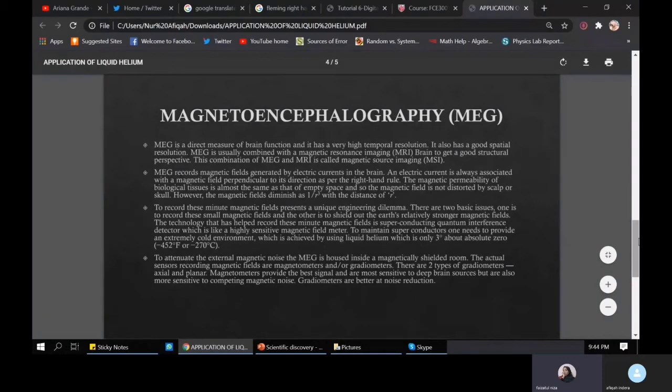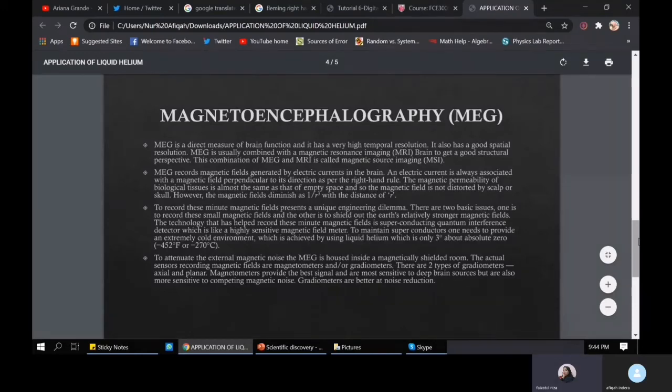This combination of MEG and MRI is called magnetic source imaging, MSI. MEG records magnetic fields generated by electric current in the brain.